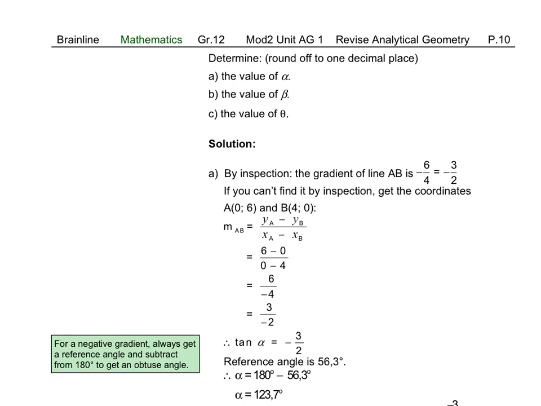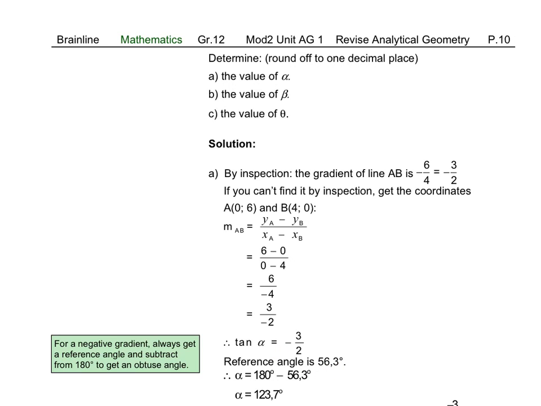We can then use the inclination angle and say that tan alpha is equal to the gradient of AB, minus 3 over 2. So to work out the reference angle, we press Shift tan with the 3 over 2 in the bracket to give us the reference angle of 56,3.